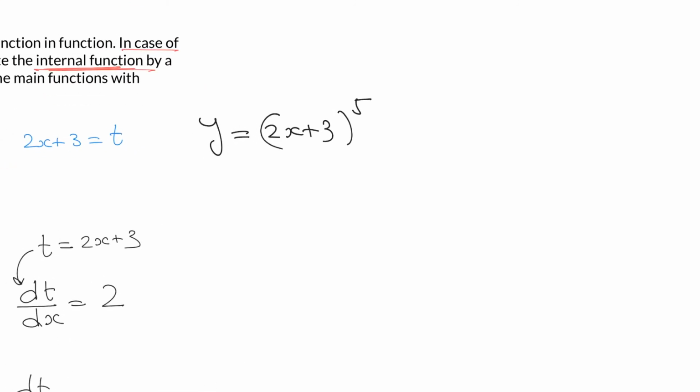What you have to assume is, just consider that this is something like the internal function. You just assume that it is x. Assume that it is in the form of x raised to 5. Then you know how to differentiate x raised to 5. We can write dy by dx is equal to the differentiation of x raised to 5, which is nothing but 5x raised to 4.